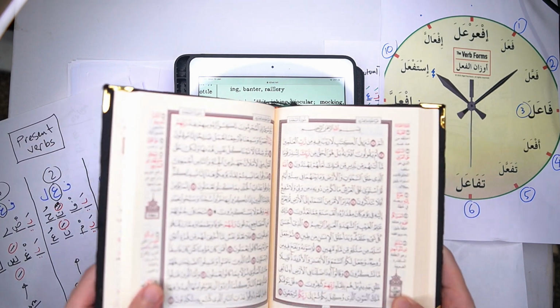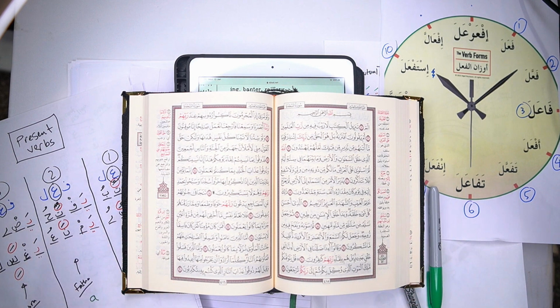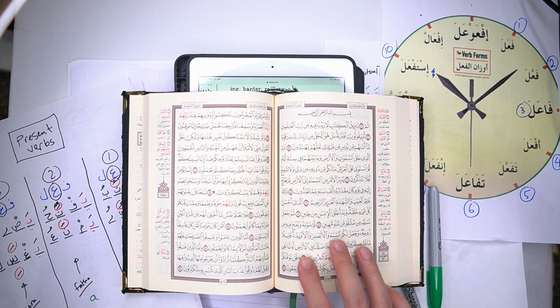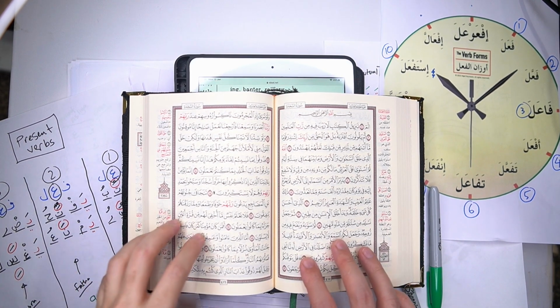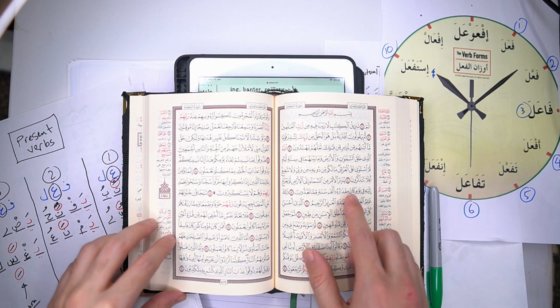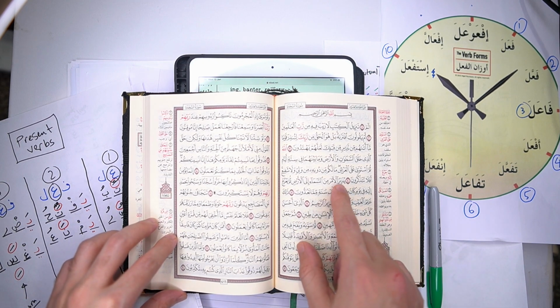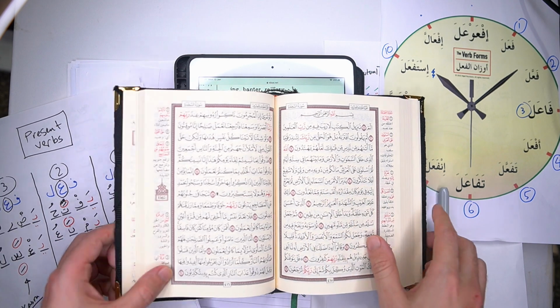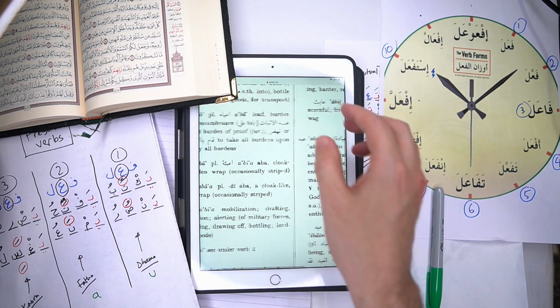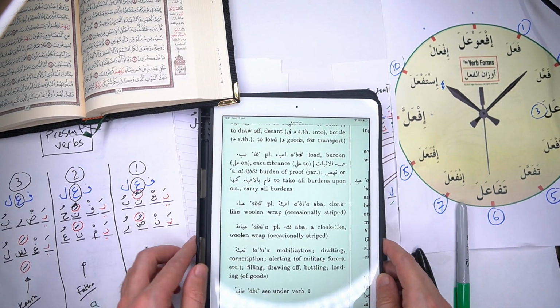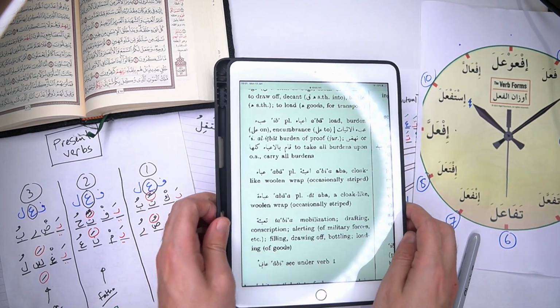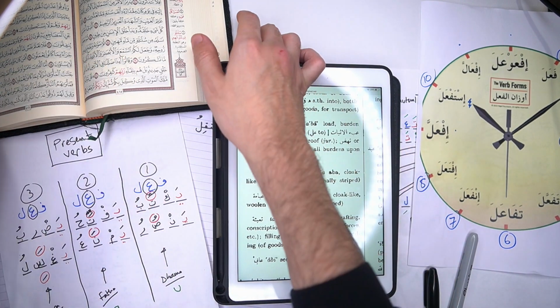Alright, so let's have a check. Yudabbiru al-amra. Yudabbiru al-amra. Yudabbiru. Okay, so we've got the verb yudabbiru. So now what we want to do is find this verb. So let's have a look for this verb.